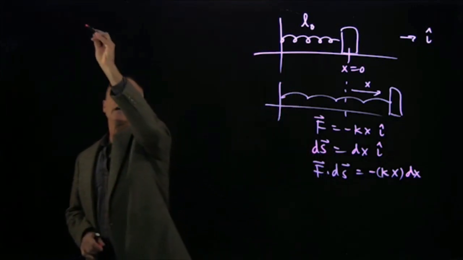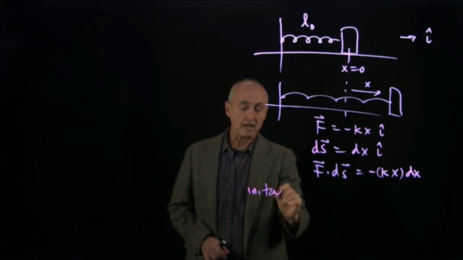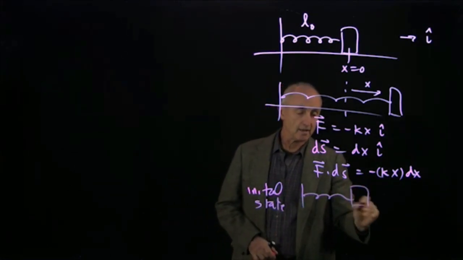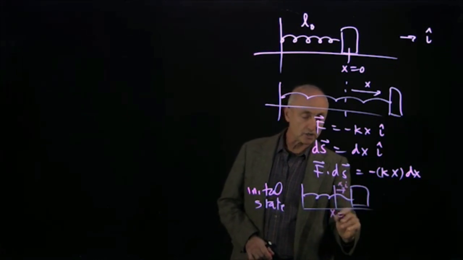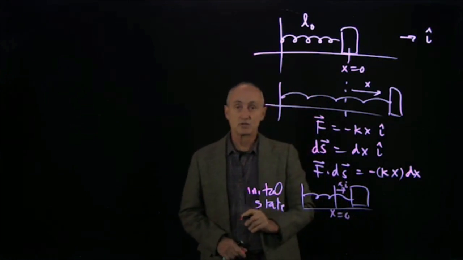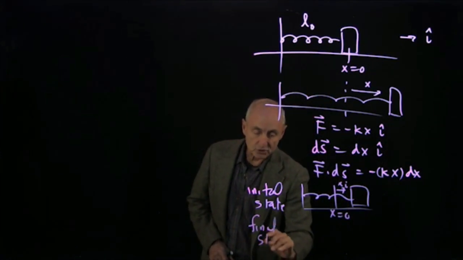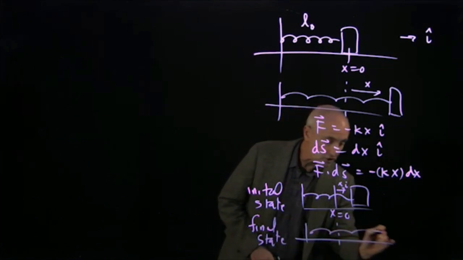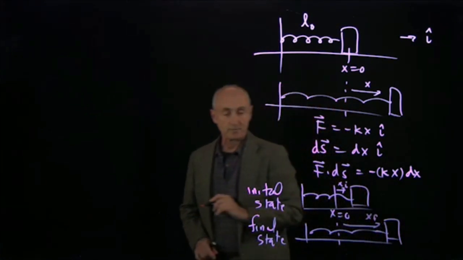Now for our initial state, let's say that the block from the unstretched position is stretched x initial, and our final state, whether it's stretched or compressed, it won't matter, but we'll just stretch it out a little bit more to x final.